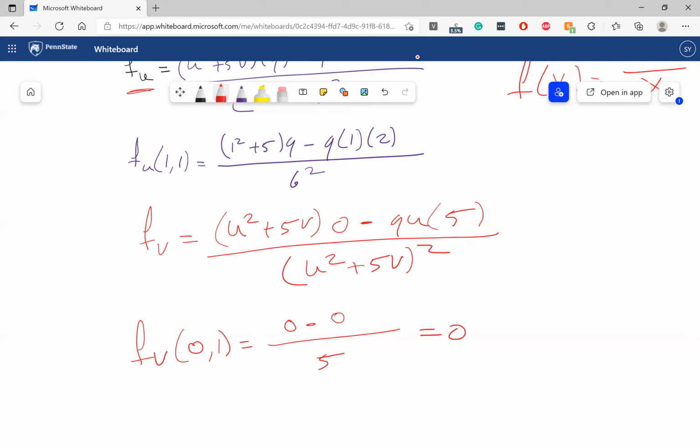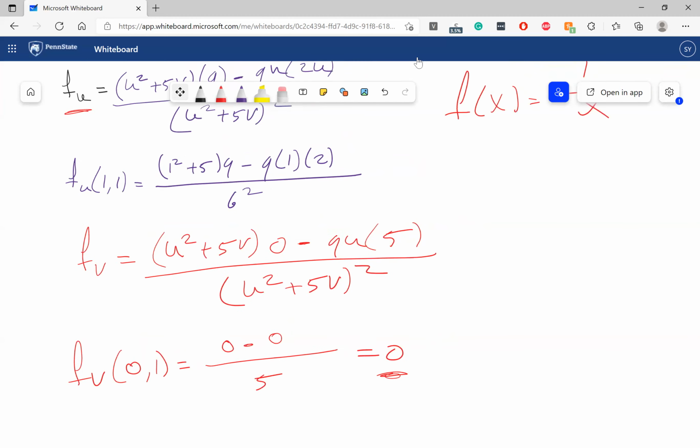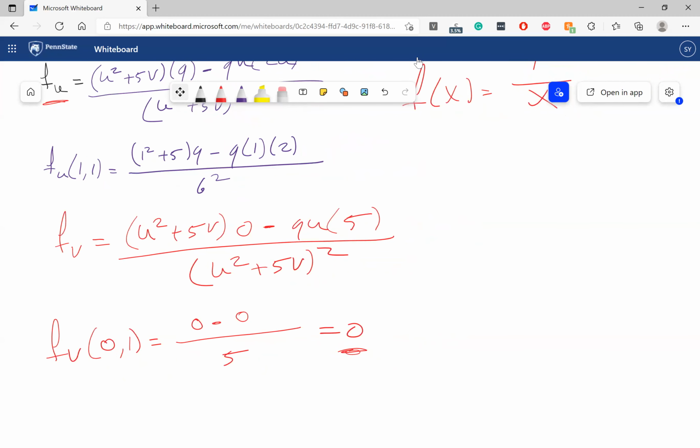And using, for example, this fact that at 1, 0, you get 0, you can tell that your graph at the point 1, 0, so here's your x, here's your v, and here's your u, and here's your z.